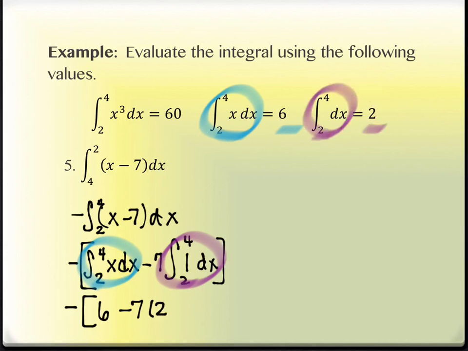So I have 7 times 2. So 7 times 2 is 14. 6 minus 14 would be 8, but negative, right? And then the negative at the beginning would make it positive. So this should give me a positive 8 after the arithmetic takes effect.